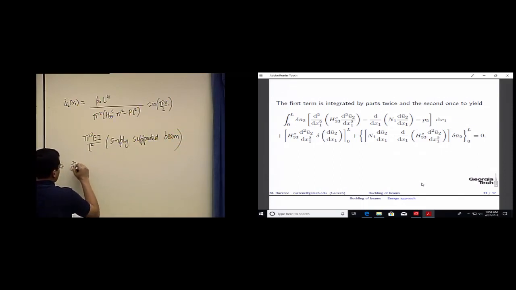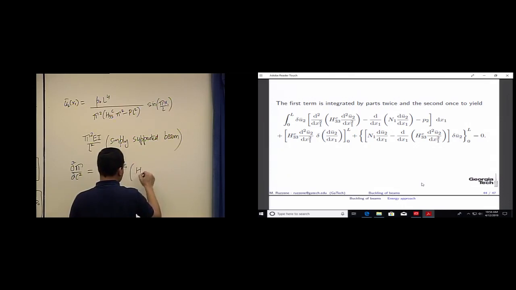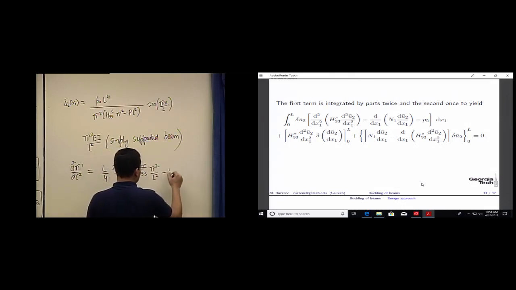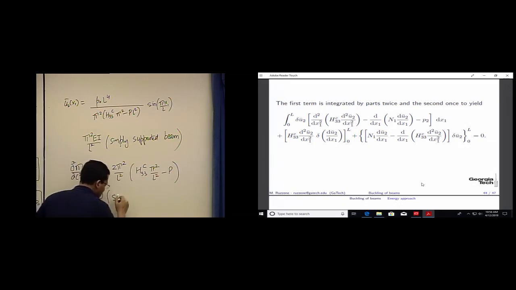So let's study the second order derivative of total potential with respect to C. That becomes L over 4 times 2 pi squared over L squared times (H33C pi squared over L squared minus P), and this second order derivative with respect to C should be greater than 0 for stability, right?